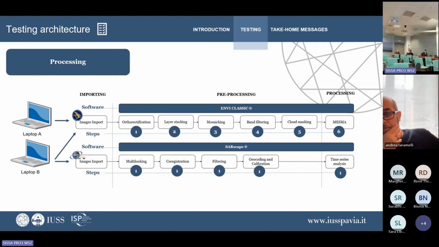To understand the computational demand of this step, it's important to know that we applied a sub-pixel analysis technique, which performs a spectral mixing, identifying pure elements within each pixel of the image. This first processing chain was tested on both laptops.